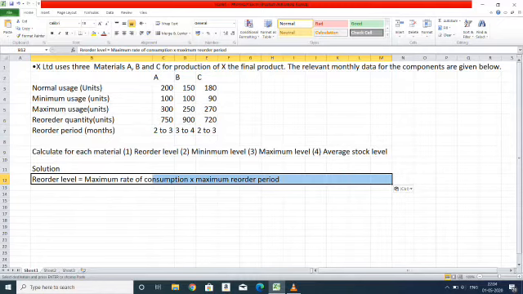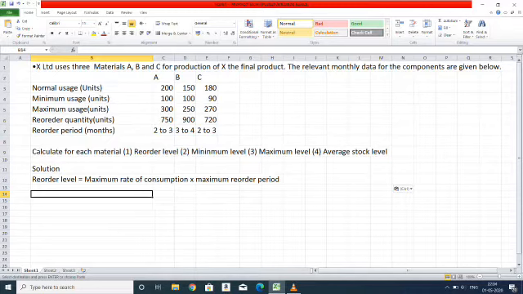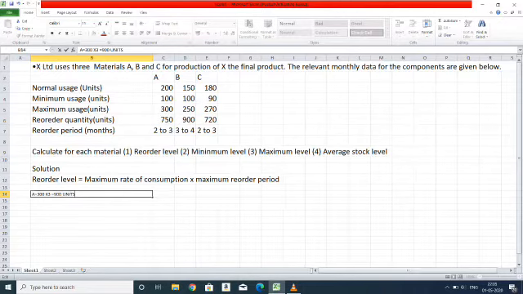In case of A, maximum rate of consumption given 300 units, 300 into maximum reorder period 3, that is equal to 900 units.